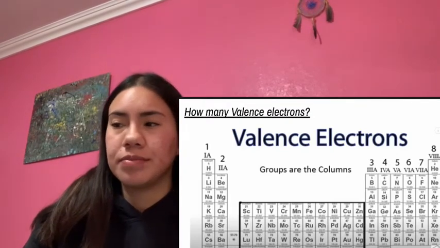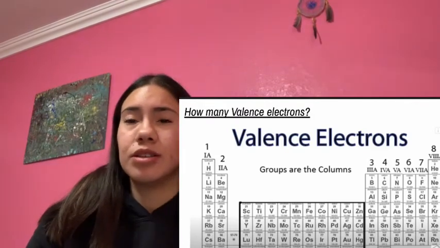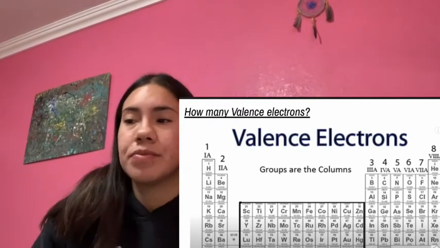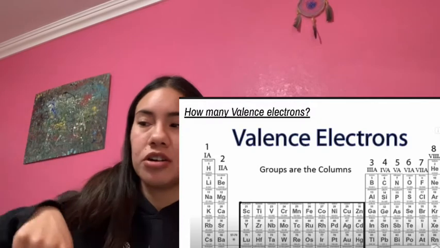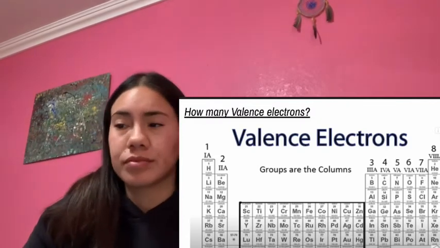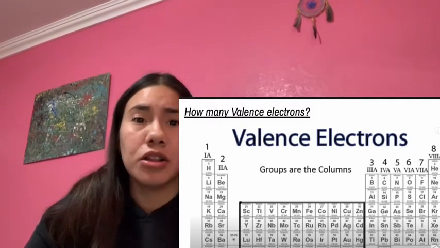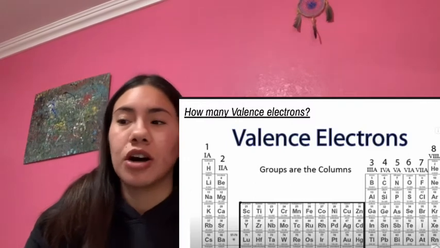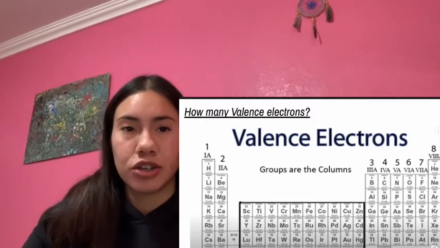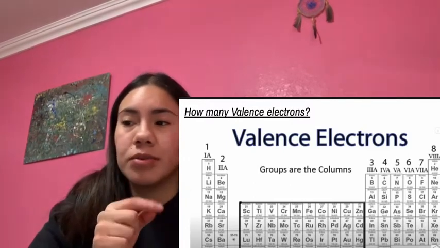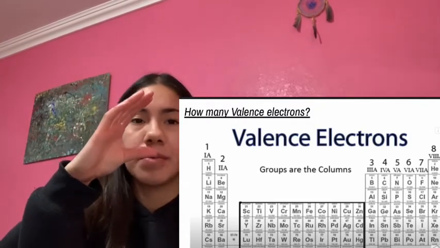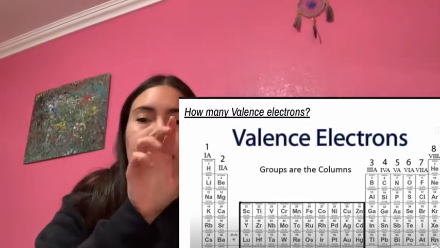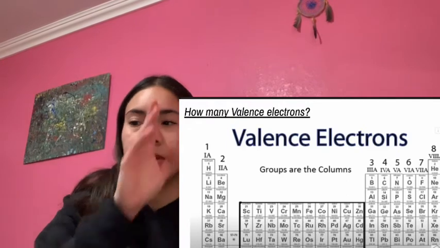Basically, these elements are in columns: the first column, the second column, and so on. The elements in each column all have one thing in common, and it is the number of valence electrons. In the first column we see hydrogen, H, and at the bottom Li, which is lithium, and so on.